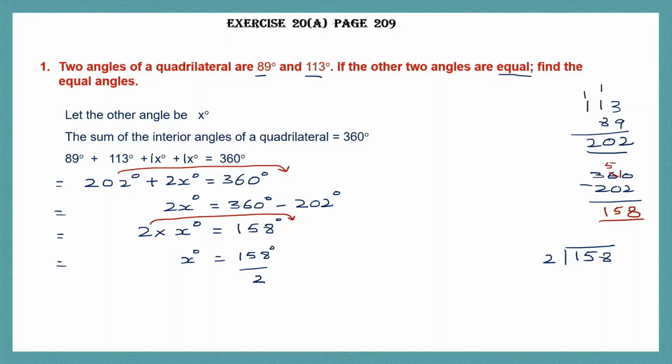So 15, 2 sevens are 14, minus 1, I bring down 8, I have 18, 2 nines are 18. So I have found the value of x to be 79 degrees.